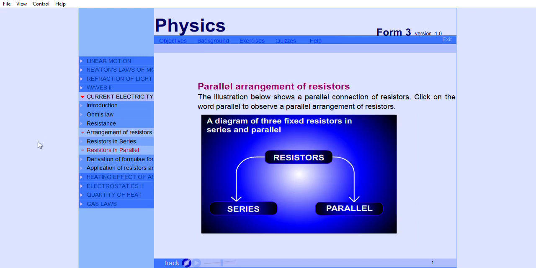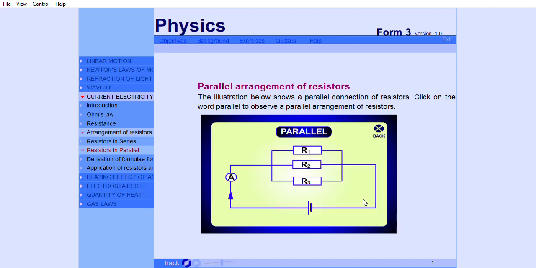Parallel arrangement of resistors. The illustration below shows a parallel connection of resistors. Click on the word parallel to observe a parallel arrangement of resistors.